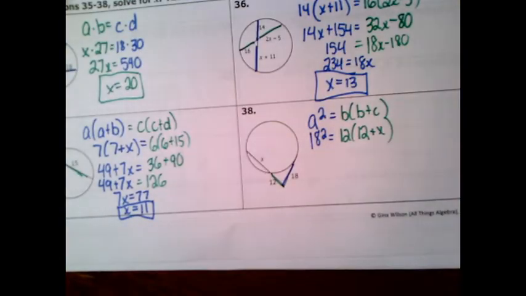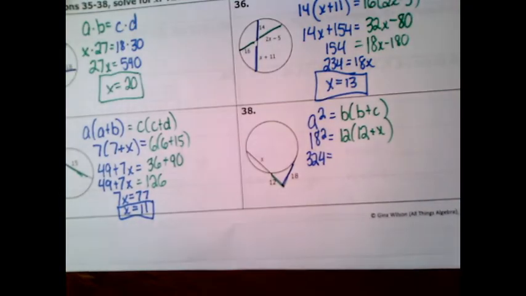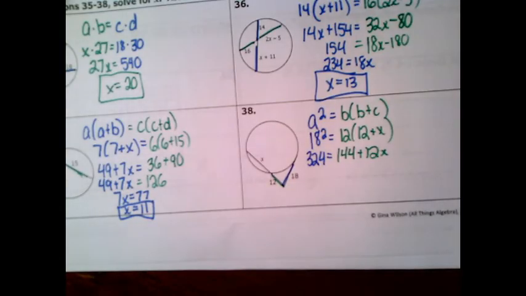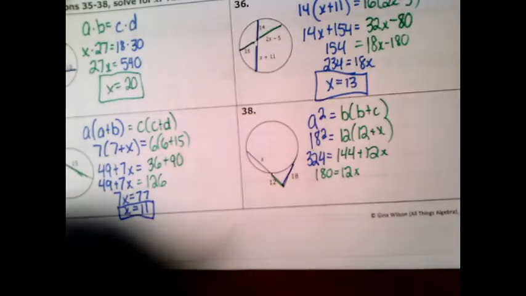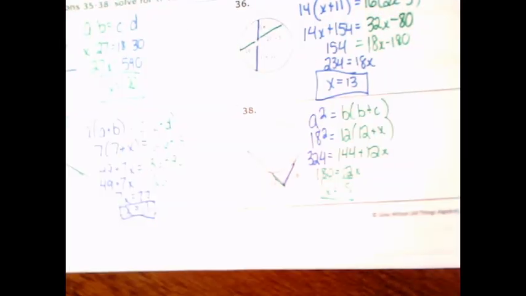B is 12 plus C, which is x. 18 squared is 324. 12 times 12 is 144 plus 12x. If I subtract 144 from both sides, I get 180 equal to 12x. If I divide by 12, x is 15.